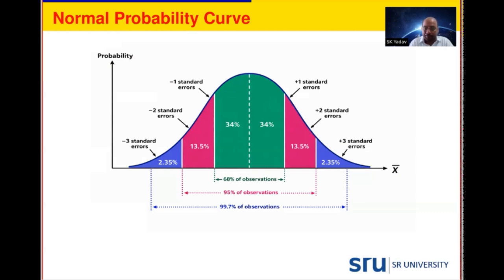So I am repeating again here. This is the normal curve, and the x-axis is now the sample mean and the y-axis represents the probabilities, and that's why the curve will never lie below the x-axis.